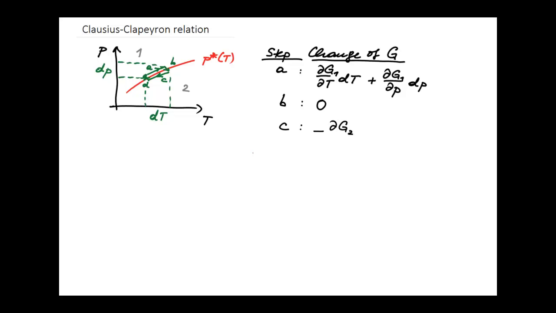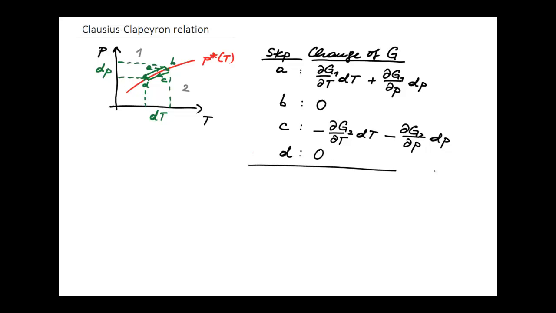So we use G2 and take the partial with respect to temperature times dT and the partial with respect to pressure times dP. And then the final step, D, where we cross once more the coexistence curve, once again in the limit where we are arbitrarily close from both sides, there is no change of free enthalpy involved.